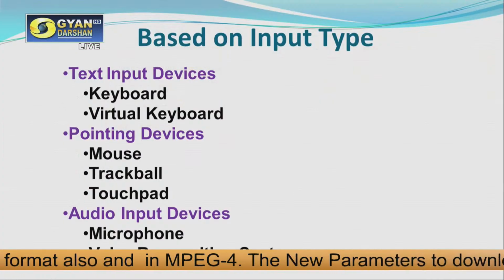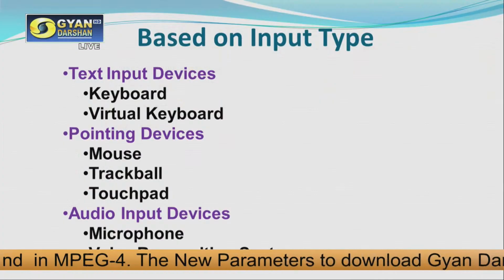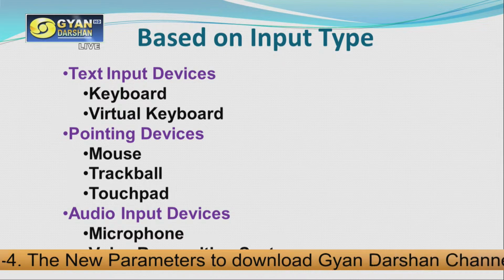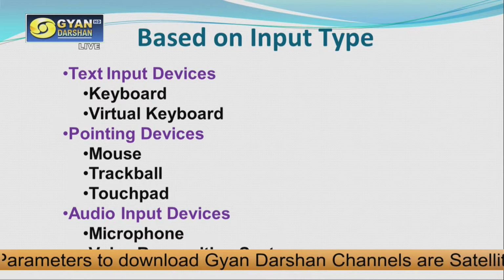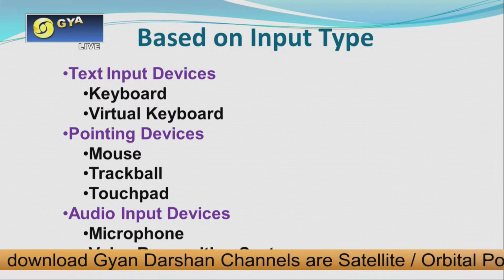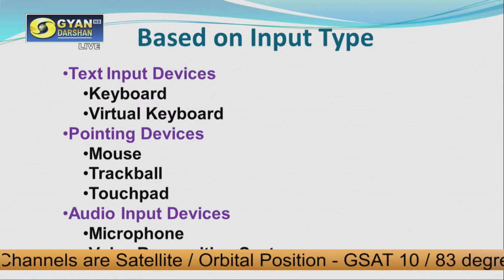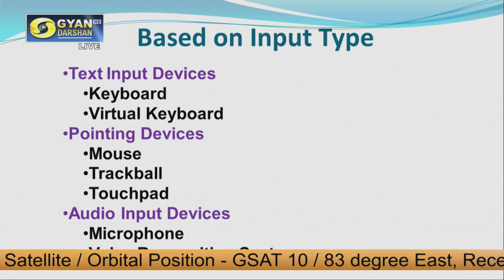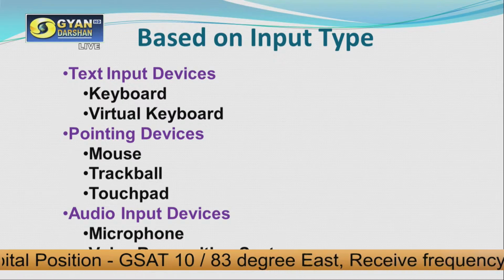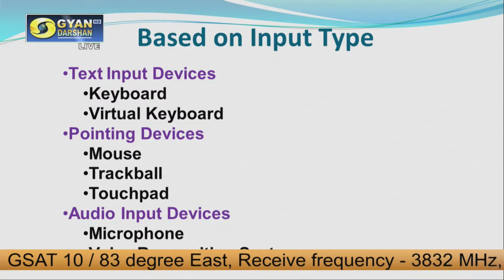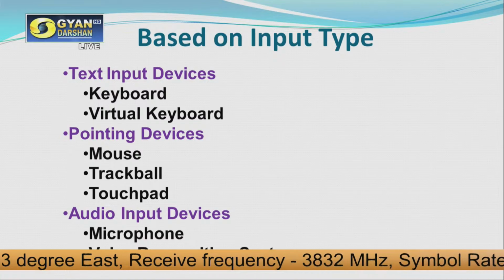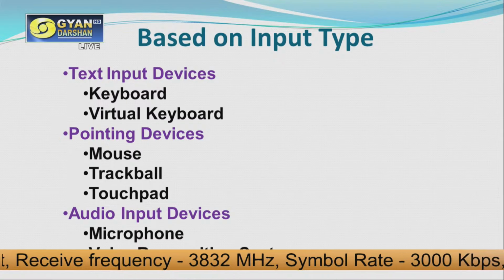So based on input type, it may be text that we can feed in, or it may be some sort of click or any action that may be happening, or else it may be any kind of audio input also. So for the text input devices, we have keyboards, virtual keyboard. For the pointing, the input devices are mouse, trackball, touchpad.